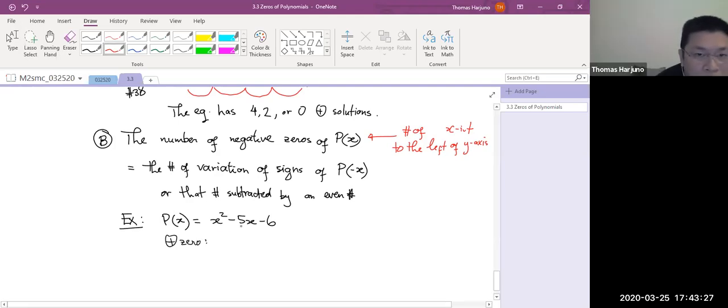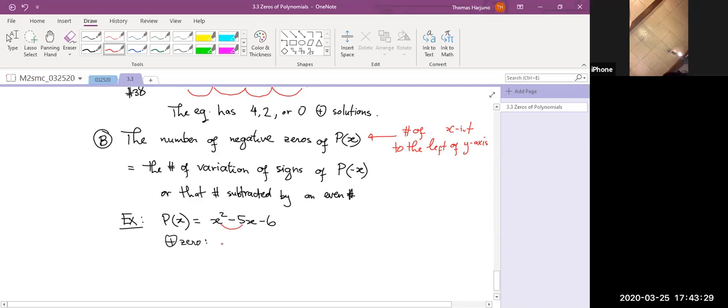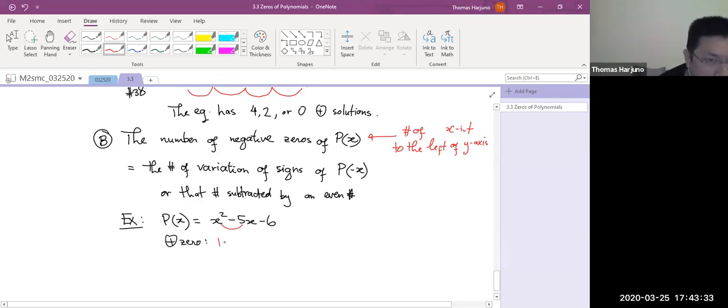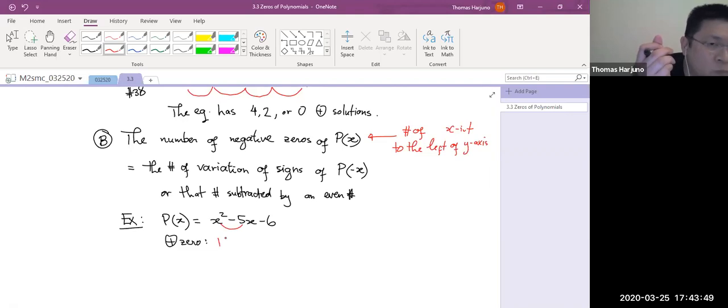There's only one time, right? So 1 positive zero, which if we subtract by 2, is already negative. So we cannot have a negative number of zeros, of course. We have 1 positive zero, which also means we are guaranteed there must be 1 positive zero. There must be 1 x-intercept to the right of the y-axis.